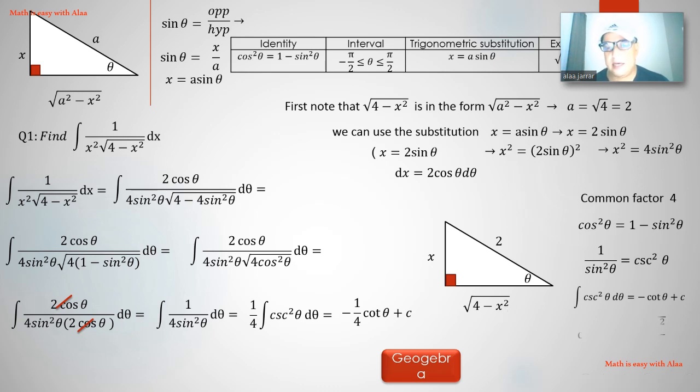Now, cotan theta equal the adjacent over the opposite, means that the cotan theta equal square root of 4 minus x squared over x. Now, replace cotan theta by the square root of 4 minus x squared over x. We will get minus 1/4 times the square root of 4 minus x squared over x plus c.